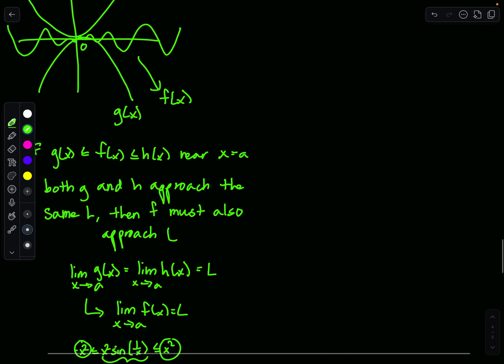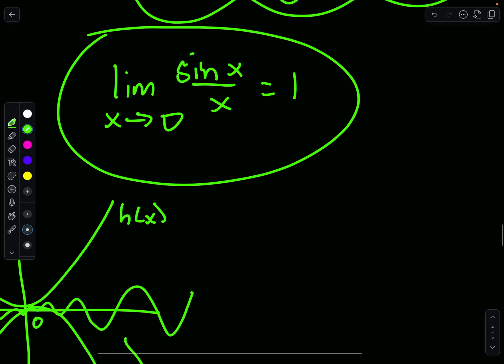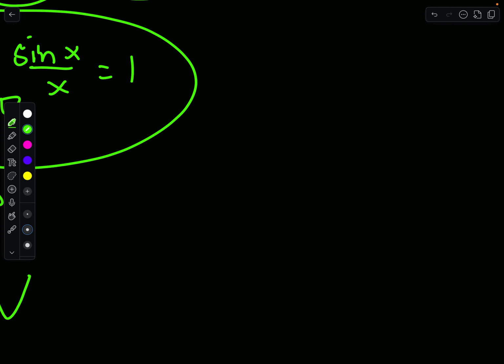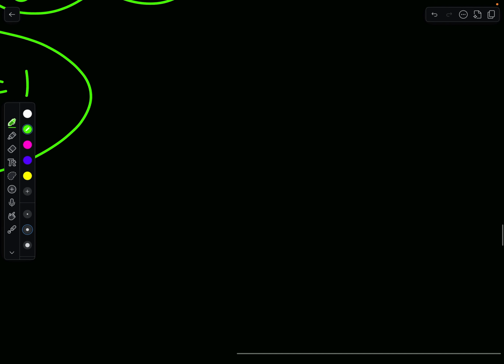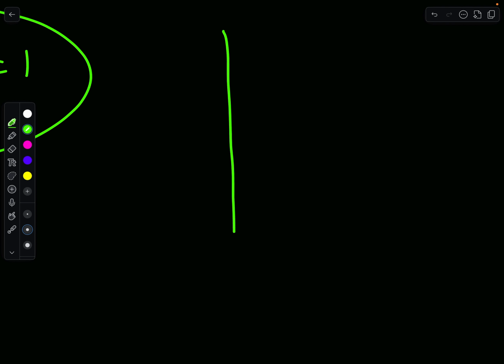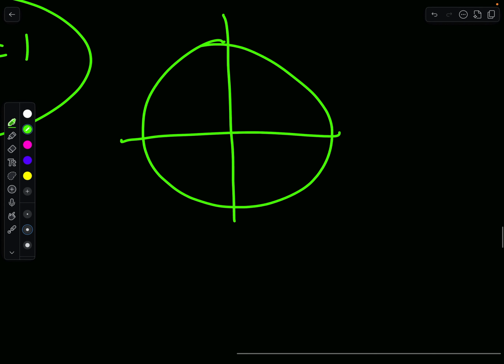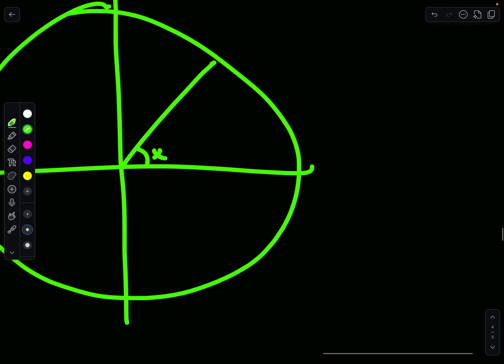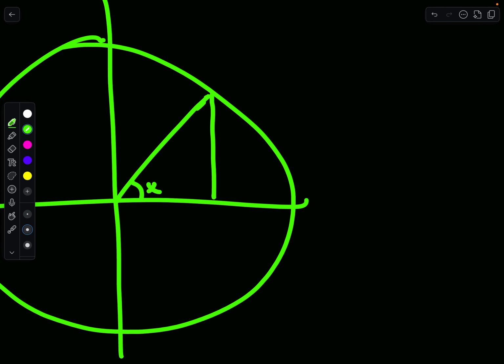So we are going to prove this limit as x goes to 0 of sine x over x equals 1 using geometry and the unit circle. So say we have the unit circle, and we have an angle measure x, and we have this right here.